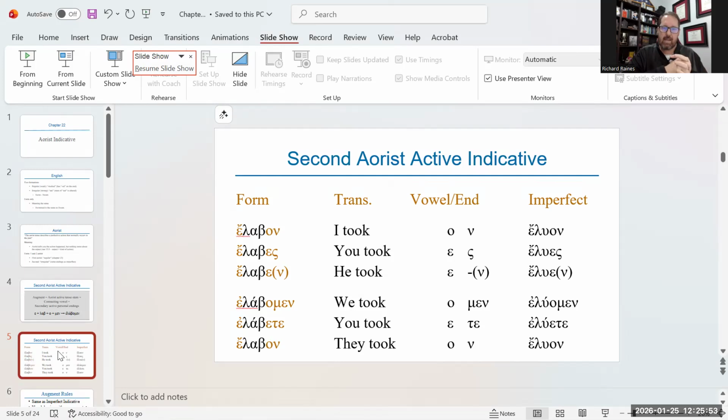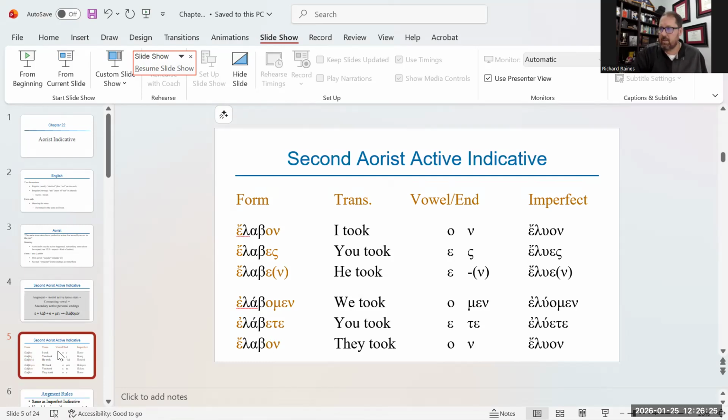Let's look here at the second aorist active indicative, and we're going to compare it to the imperfect. Now, we're not using the same word. We're using the form of lambano for the second aorist active indicative. And if you want to turn to page 220 or page 242, you'll see it. So to form that second aorist active indicative, you're going to use an augment and a personal ending.